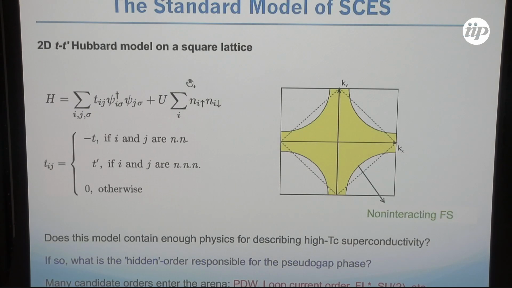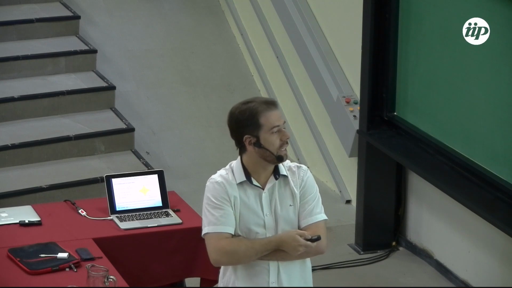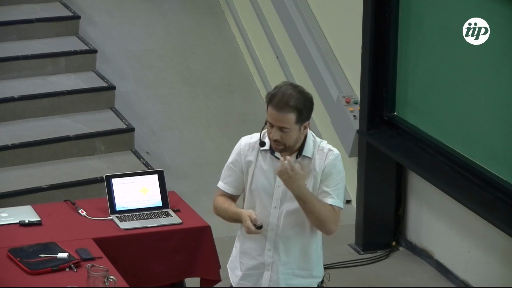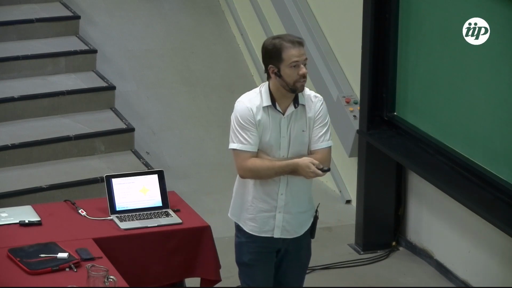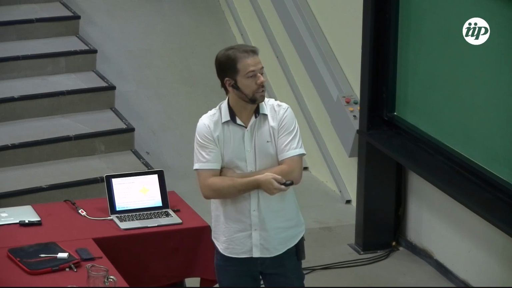Okay, so the standard model to describe cuprates is, of course, the 2D Hubbard model. So I'll just show here the Hamiltonian of this model. You have the kinetic term plus the local interaction term given by U. And so the main question in this field is, of course, whether this model contains enough physics to describe high TC.